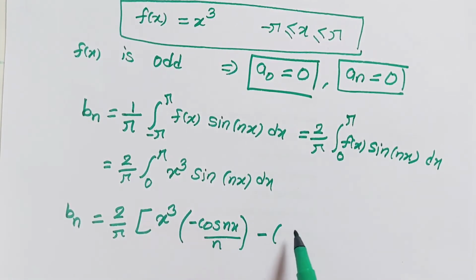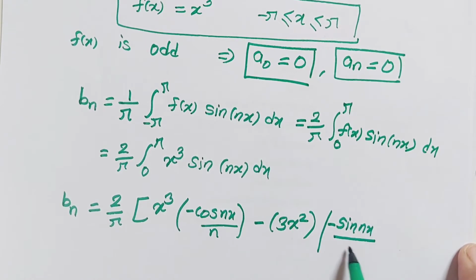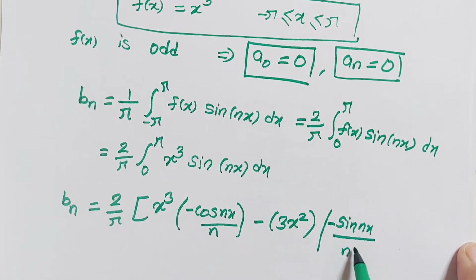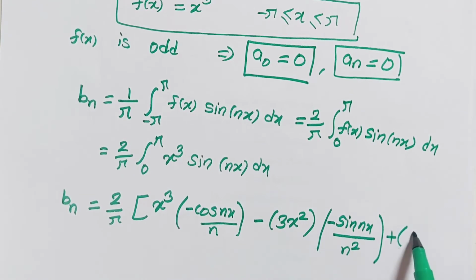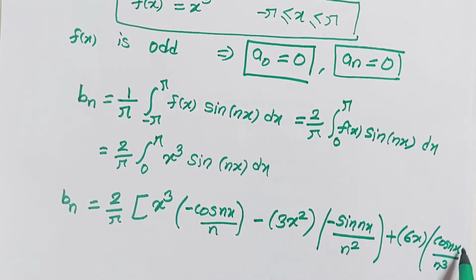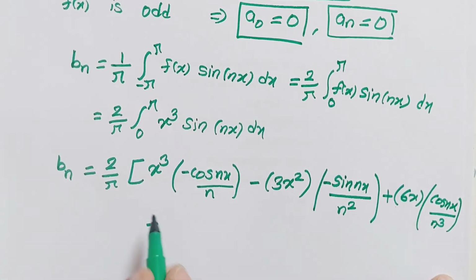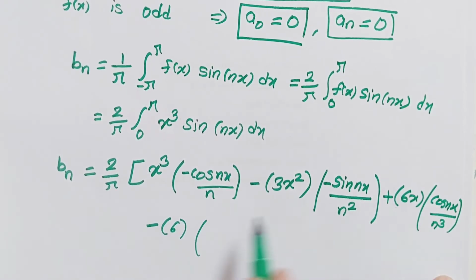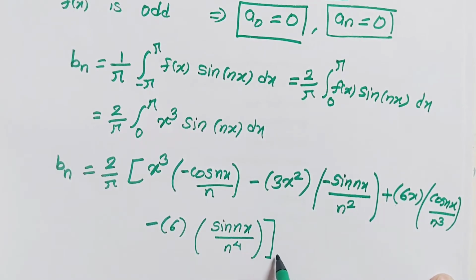So minus derivative of first term is 3x square, integration of second term, so integration of this term is minus sin nx divided by n, and here it already contains n, so it is n square, plus derivative of first term, so the derivative of this term is 6x, integration of second, so integration of this term is plus cos nx divided by n cube, minus derivative of first term, so here the derivative of 6x is 6, and integration of second term is sin nx divided by n raised to the power 4, and the limit is 0 to pi.